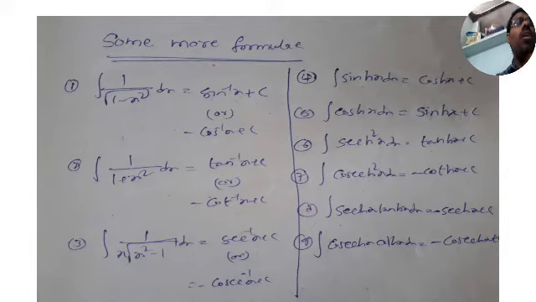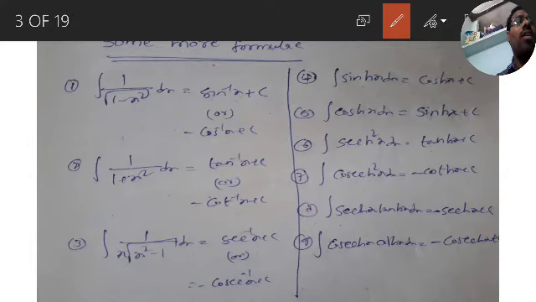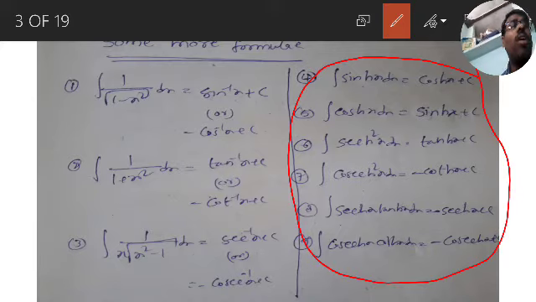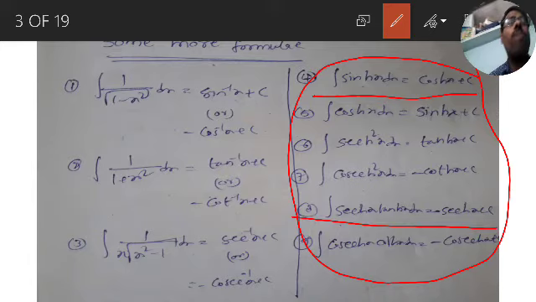If you know the trigonometric formulas, then you can write the hyperbolic ones. Only this is somewhat changed: in place of plus you will get minus, in place of minus you will get plus. That's the only difference, and the remaining is the same.